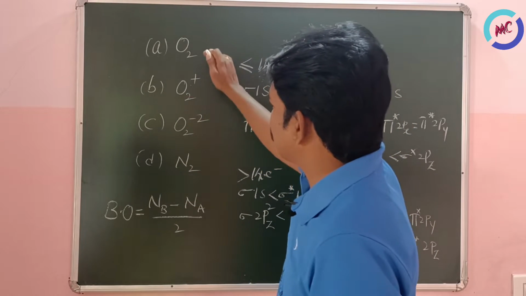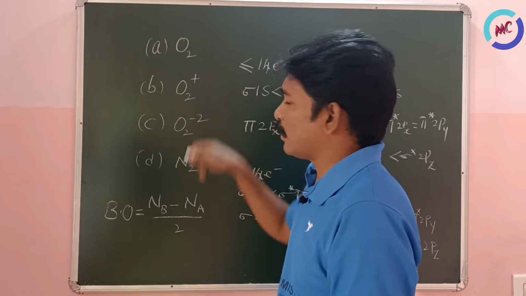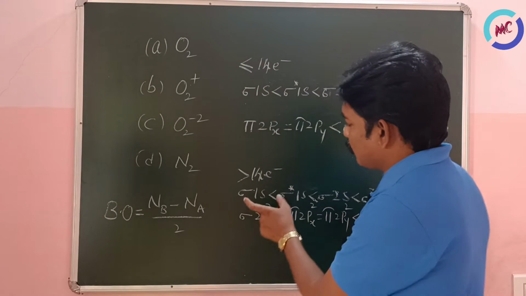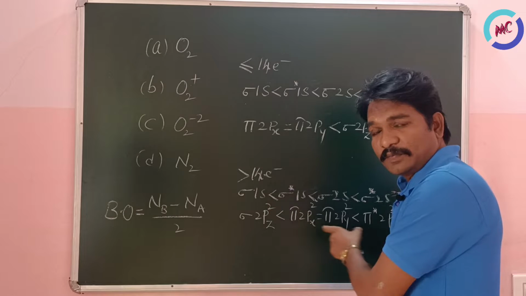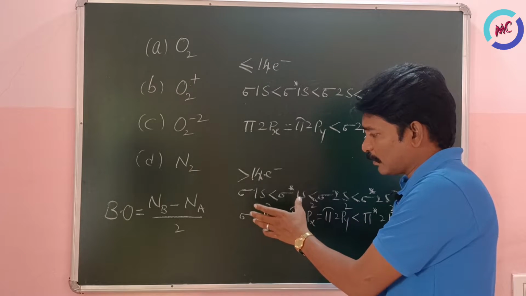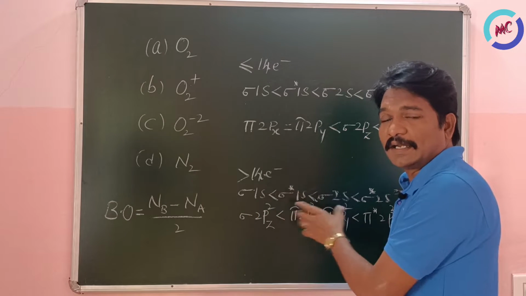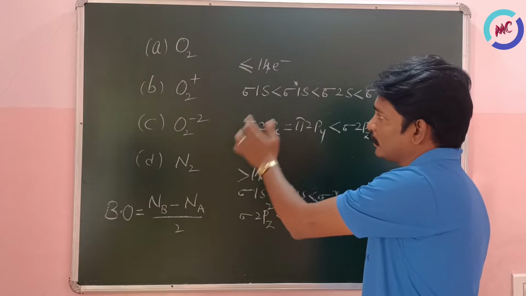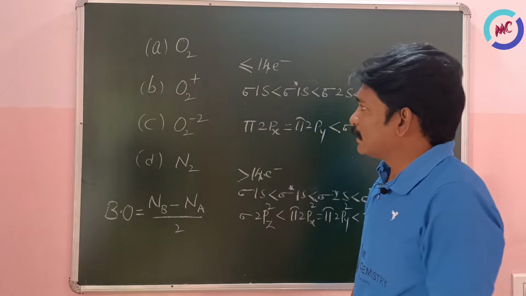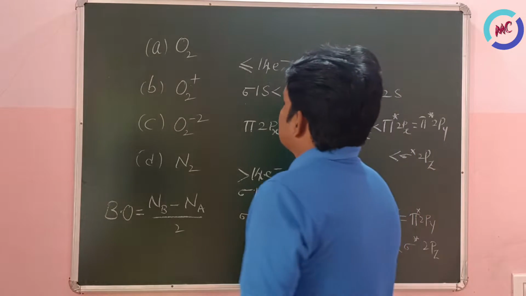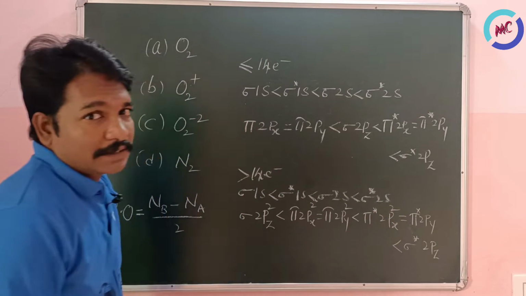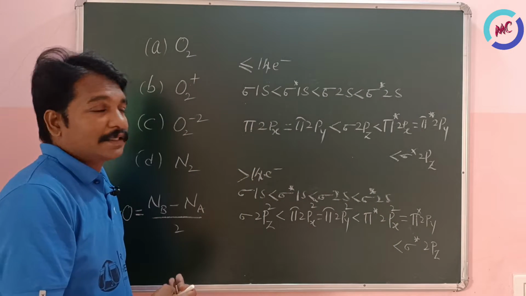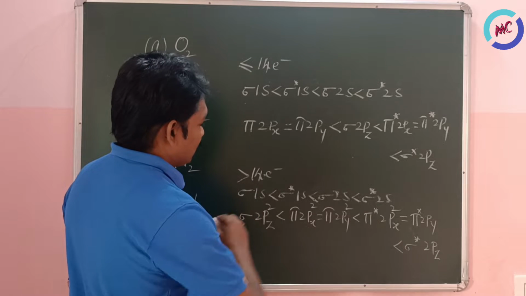See here, ABC options belong to oxygen. Then we have to go with this configuration, I mean the order of filling electrons in bonding and antibonding orbitals, and in case of N2 we have to use this one. How many electrons are there in case of oxygen? There are 16 electrons.